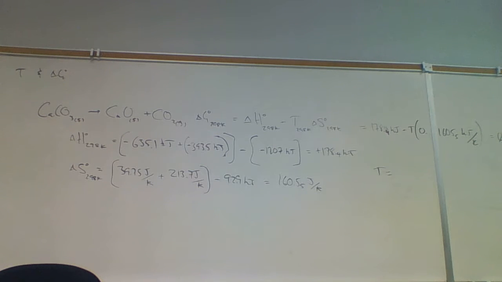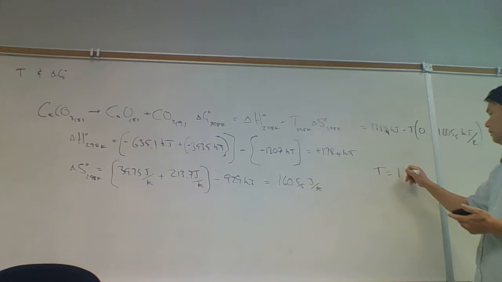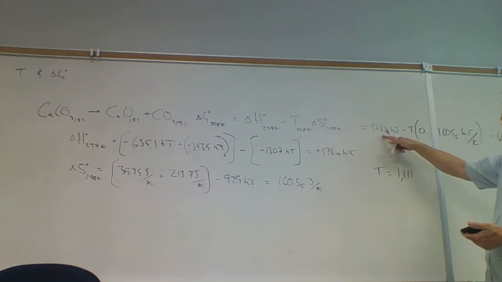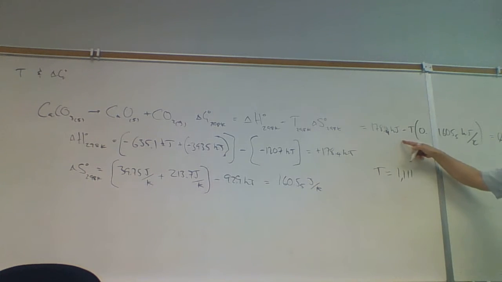And so basically it's going to be 178.4 divided by 0.1605, which gives me 1111. All right, this is multiplication. We should have 3 or 4 sig figs here.